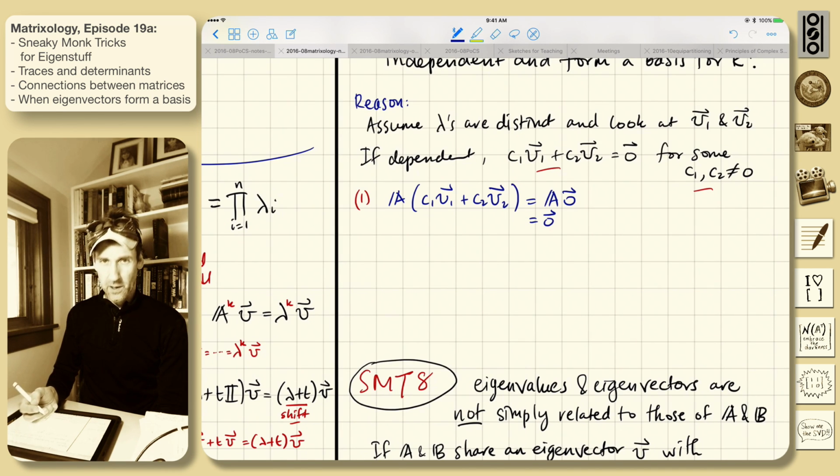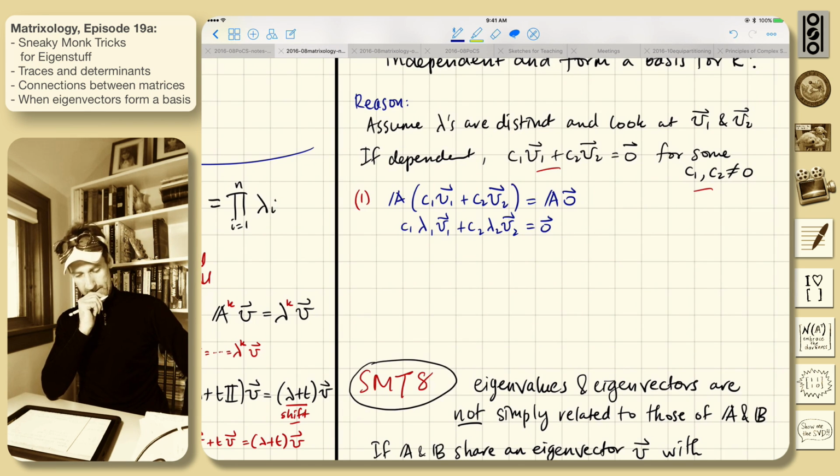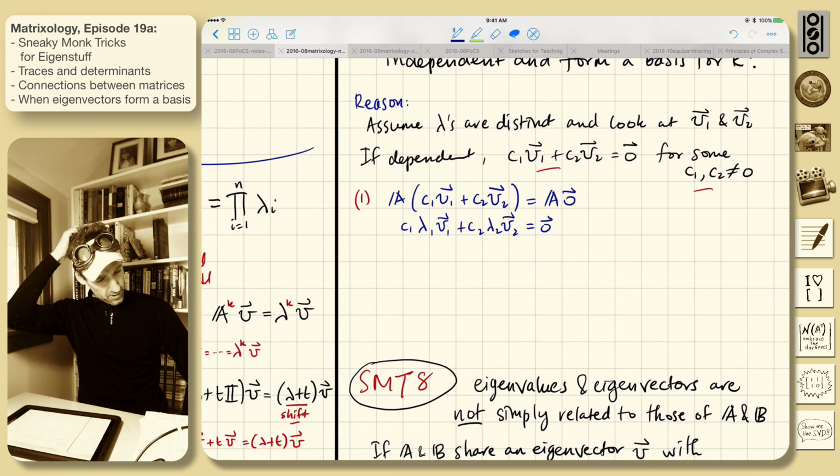And then A times V1, so we're going to have lambda 1 times V1 plus, right, we're going to use the fact that A V2 is lambda 2 V2.